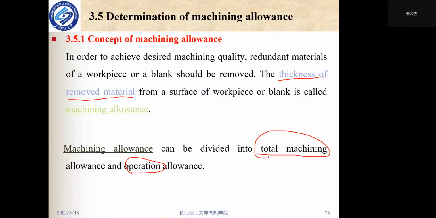In the machining process, from the blank to the finished product, the total thickness removed from a surface is called the total machining allowance of the surface. It equals the difference between the blank dimension and the design dimension of the part.